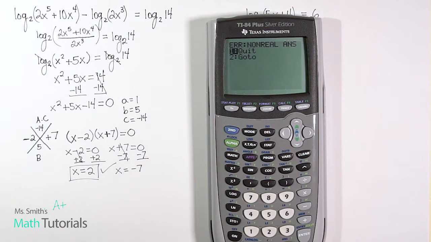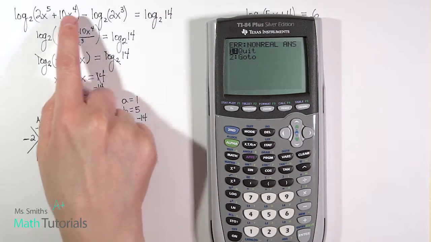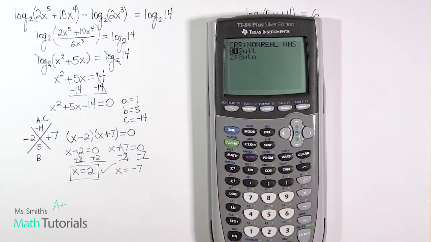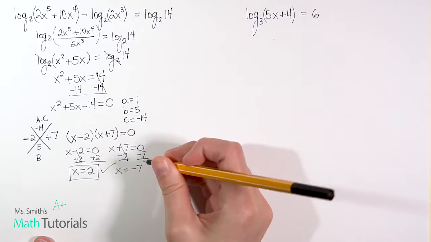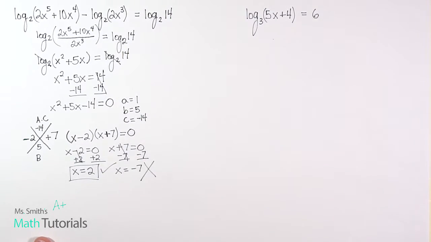And if you were to type in -7 every single time you see an x again, then you would also get error, non-real answer. The point is, though, that x equals -7 is not an answer. Now, we wouldn't say no real solutions here because we do have a solution. It's just x equals 2. It's just that second answer we got is an extraneous solution. So that will happen sometimes.